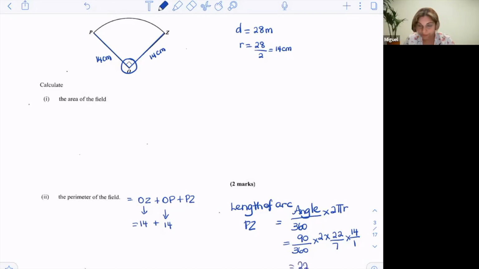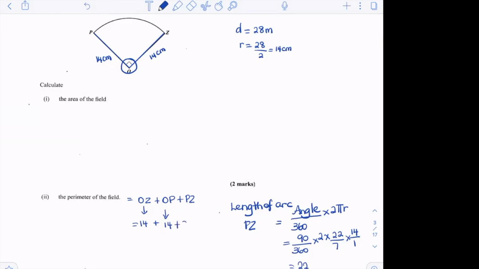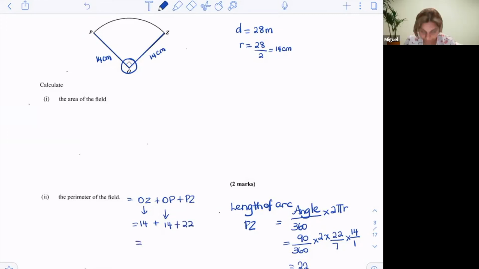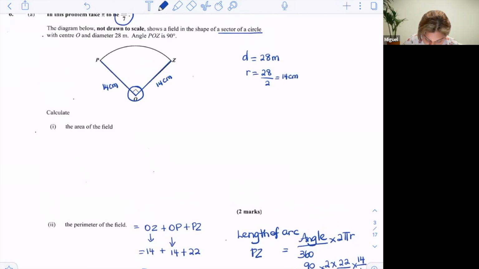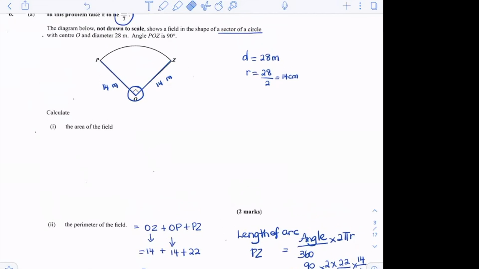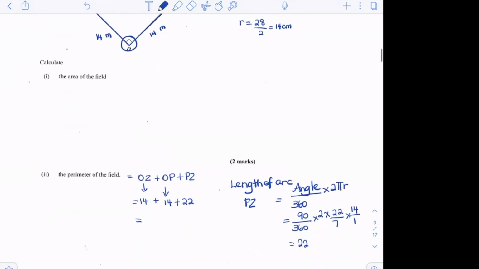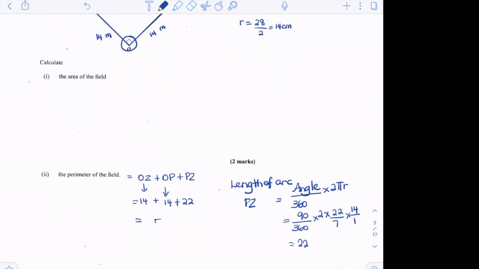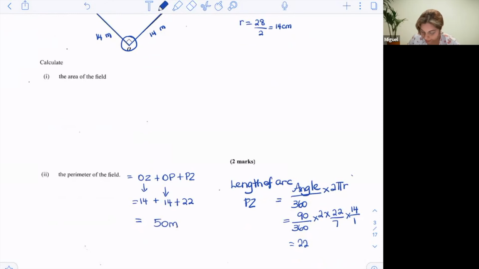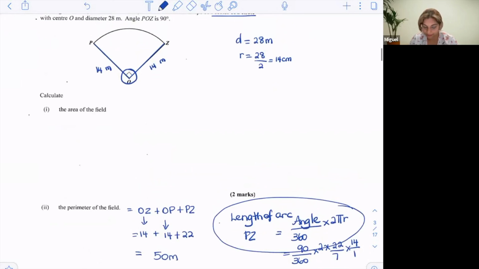Could somebody confirm that it is 22? Yes, miss. All right. So find the perimeter now. Add 22, add 14, and 14. The length is actually in meters. So what is the answer in meters? 50. So write down this formula somewhere and learn it.